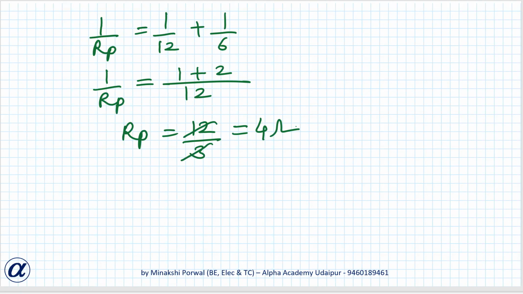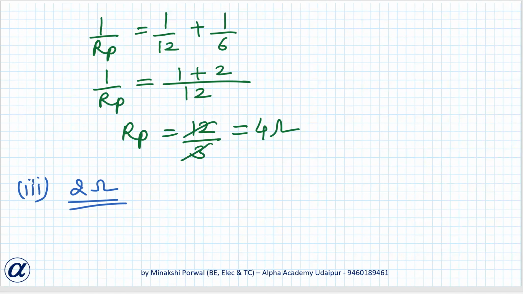Is it clear? Yes, ma'am. Okay, so these two parts are done. Suppose instead of 4 ohm the question was 2 ohm, how would we do it? From three 6 ohm resistances we have to obtain 2 ohm resistance. How can we obtain it? All three in parallel.